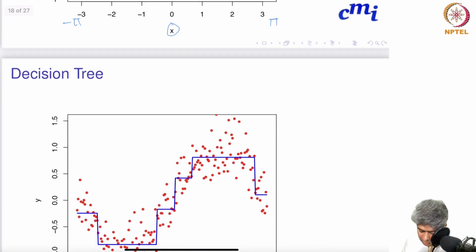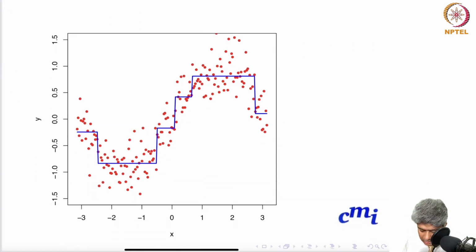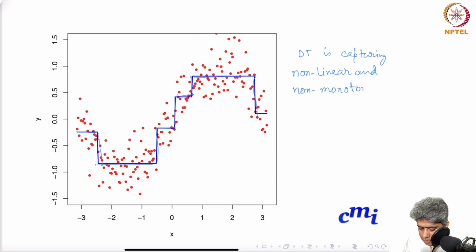Now if you apply a decision tree, it is effectively and nicely capturing the relationship, a non-linear, non-monotonic relationship. So the decision tree is capturing non-linear and non-monotonic relationships.